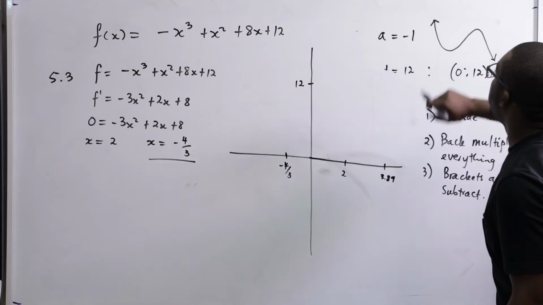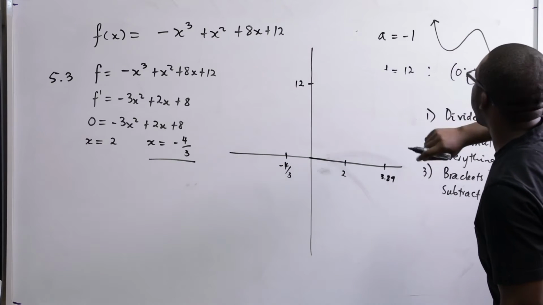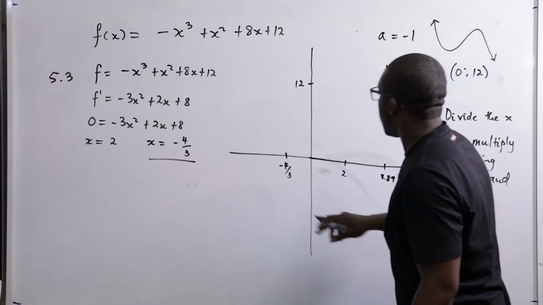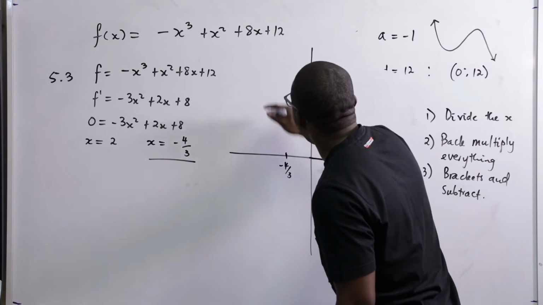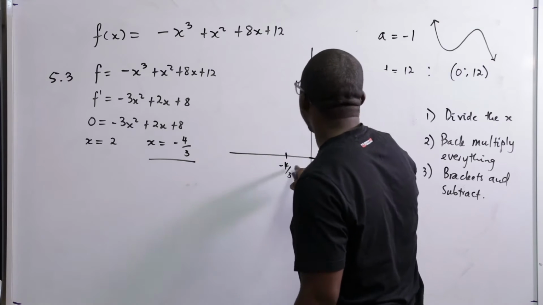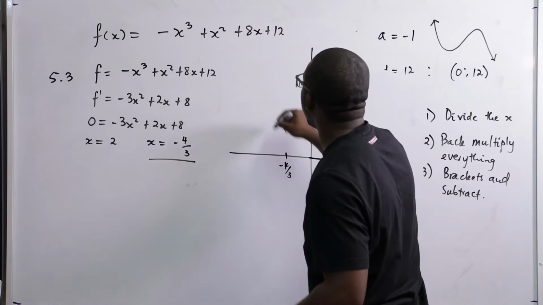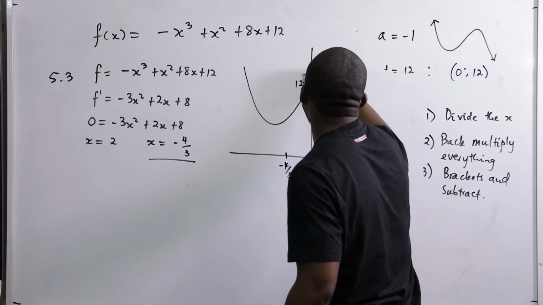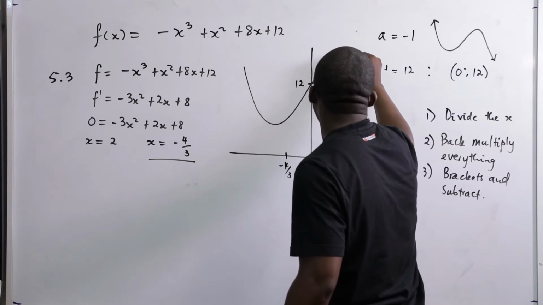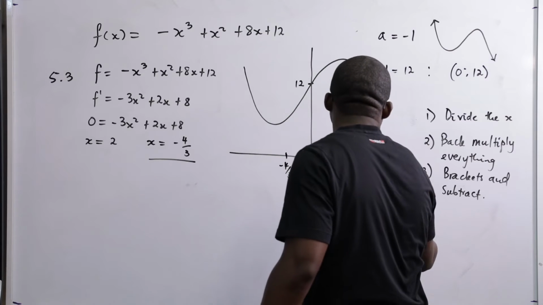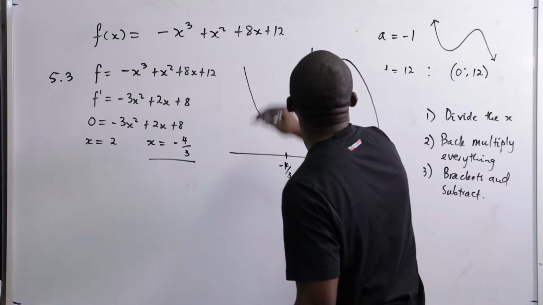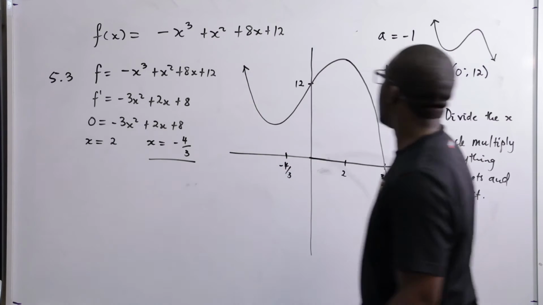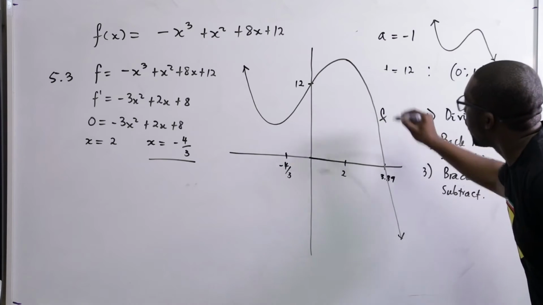There's going to be a minimum at negative 4 over 3, and it's not in connection with the x-axis because that's where there were two non-real x values. Then it reaches a maximum at 2, then comes down to cut there. This is the graph of f.